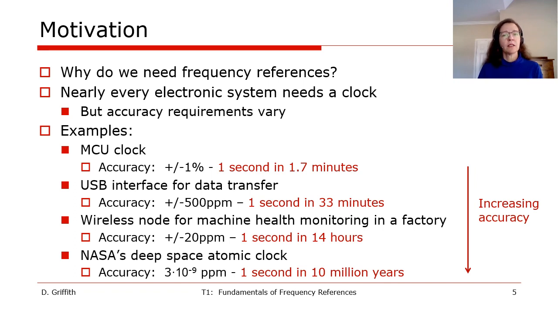Finally, if we consider NASA's Deep Space Atomic Clock, it is accurate to 3 times 10 to the minus 9 parts per million, which is 1 second in 10 million years. So you can see that even though the frequency references are everywhere, their requirements can vary by many orders of magnitude.